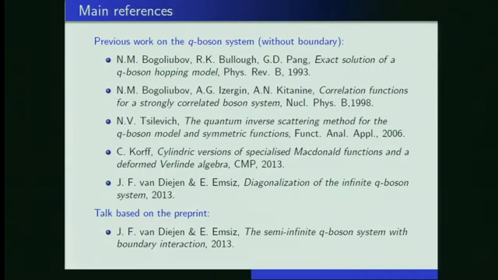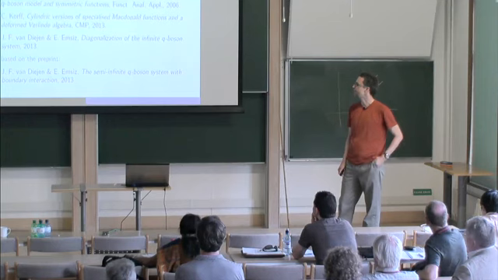a lot of algebraic combinatorial theory of symmetric functions, and not ordinary symmetric functions, but symmetric functions where you trade the permutation group for an affine permutation group.